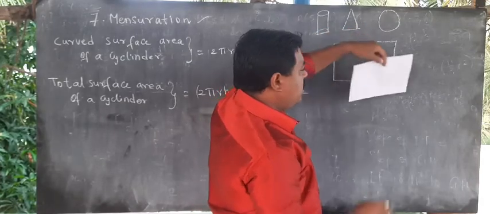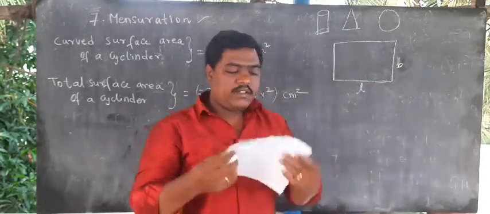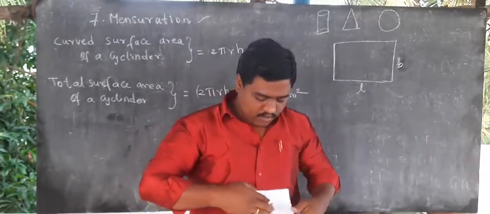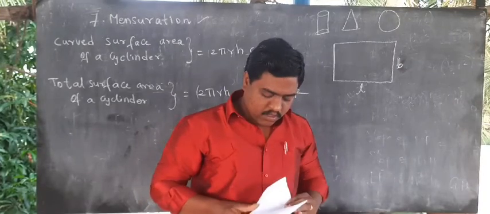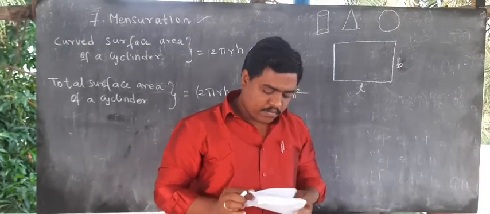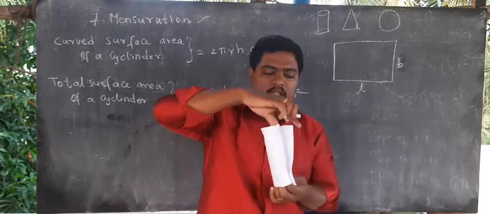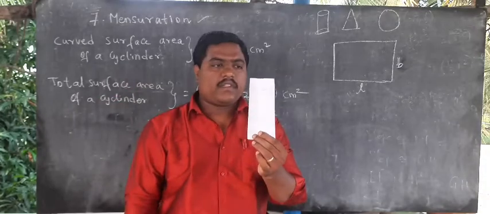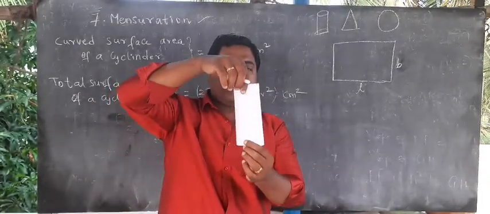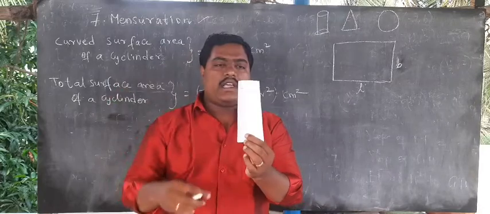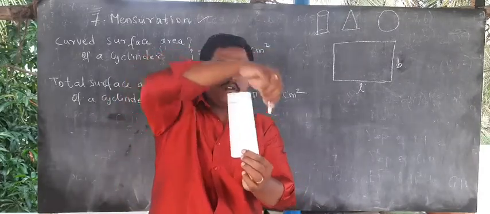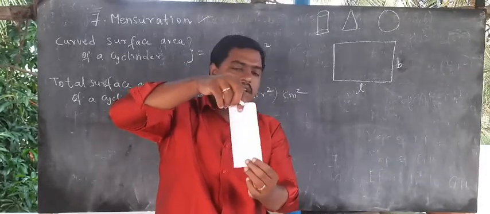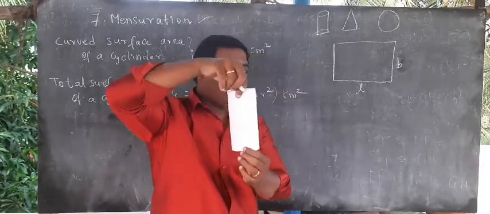Now like this, I take this sheet and it forms a cylinder-like shape. So this covered area, the outer region, is called the curved surface area. This is the curved surface area of the cylinder, CSA.